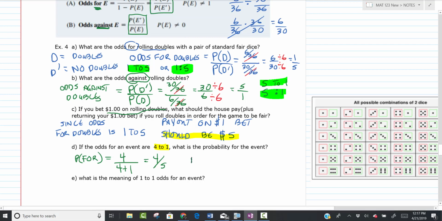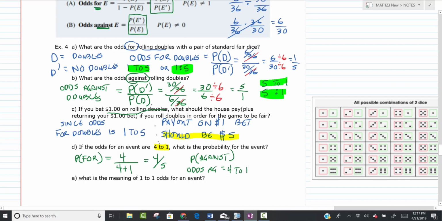probability. And I'm going to add this on here. If I wanted to do the probability against, well, the odds against would be equal to 5 to 1. So what we would, 4 to 1. I'm on this problem right here. So it would be 4 to 1, like this.